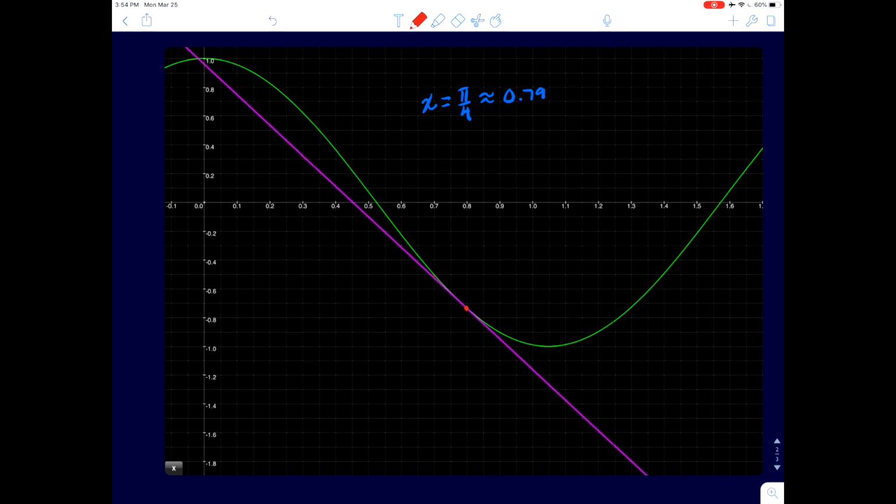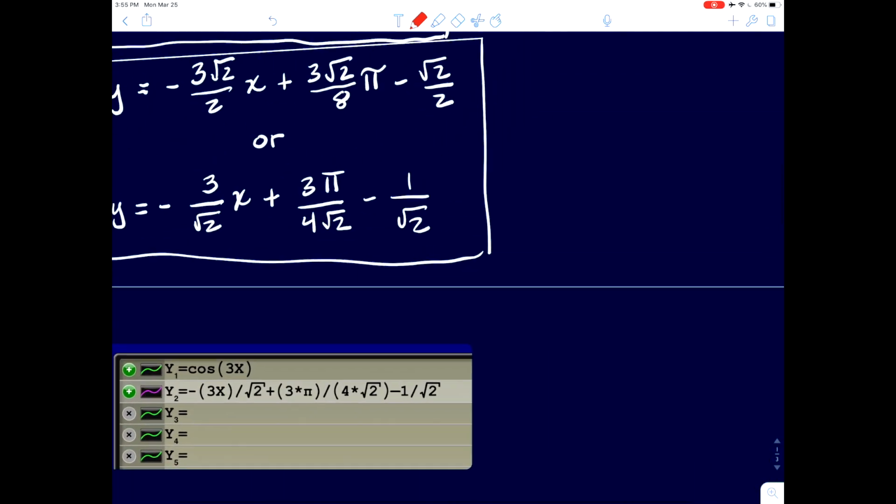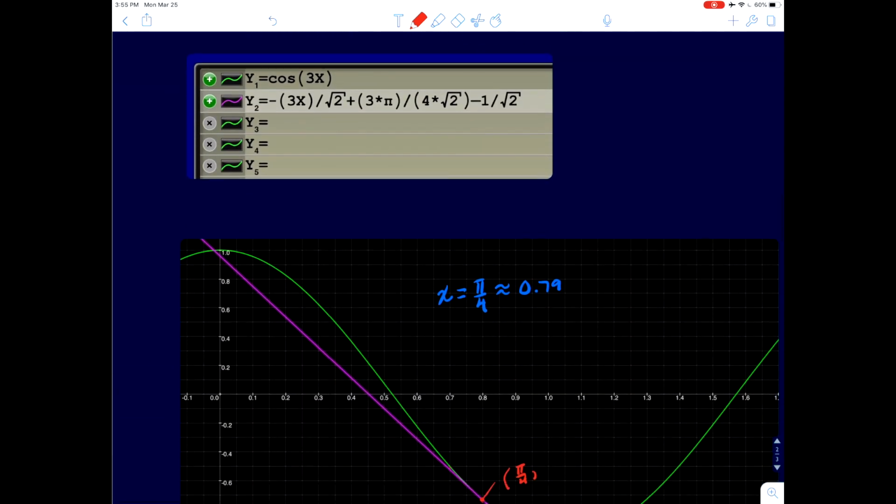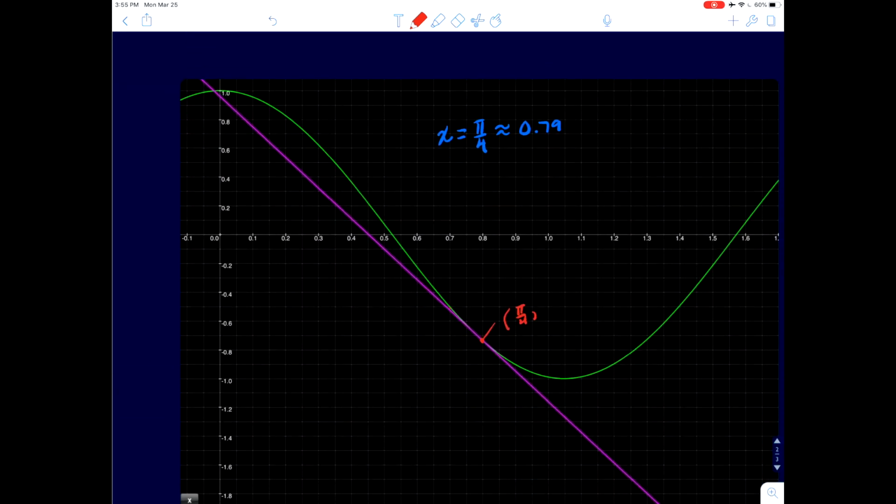This is where they intersect, and so this slope of this tangent line here, right, or this ordered pair, if you will, is at pi over 4, comma, and then remember that our slope ended up being from here negative 3 root 2 over 2 or negative 3 over root 2, right?